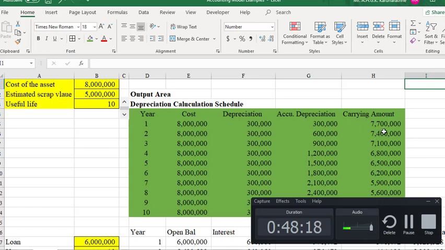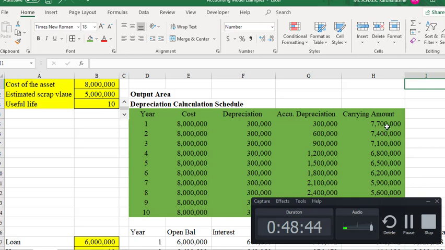Carrying amount is the difference between cost of the asset and the accumulated depreciation, right? In accounting, there are some other elements to be considered when computing carrying amount, but for the time being, for our scenario, carrying amount is the difference between cost of the asset and the accumulated depreciation as at the reporting date.